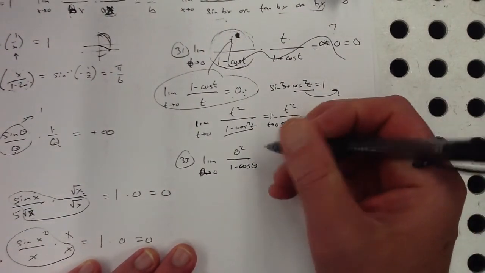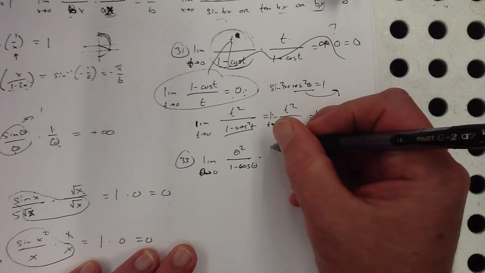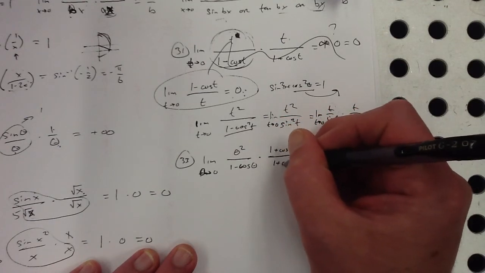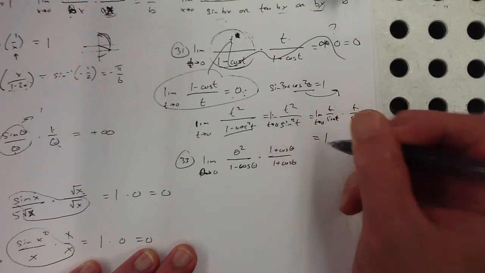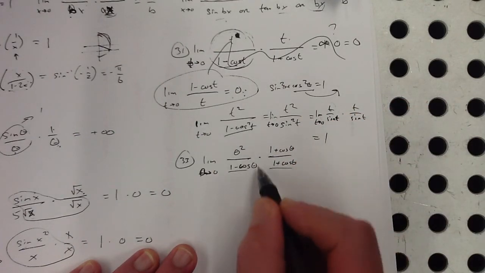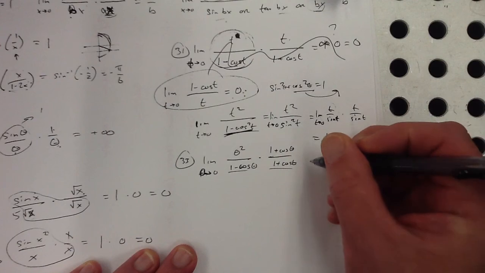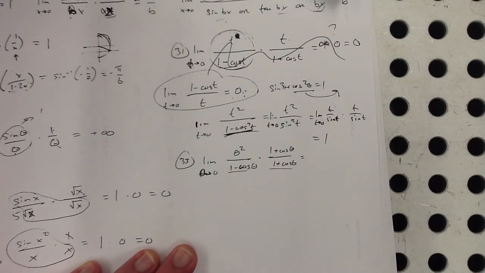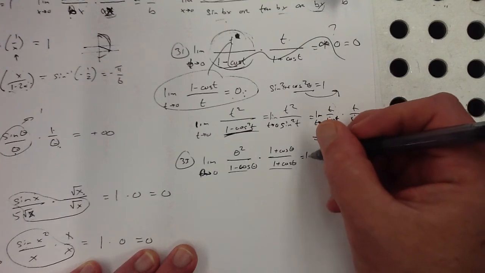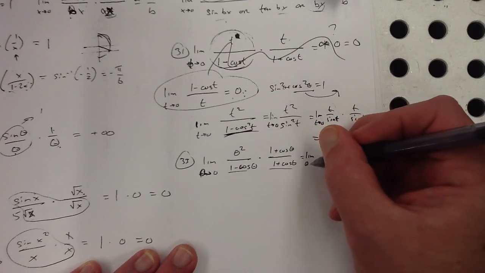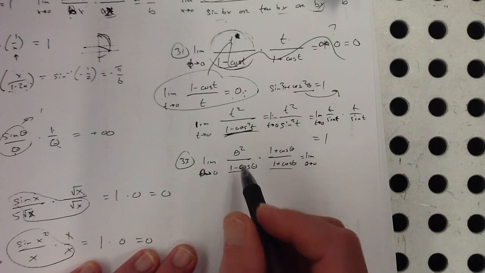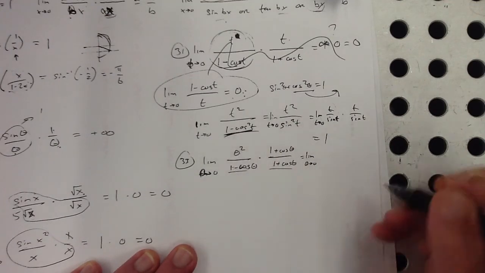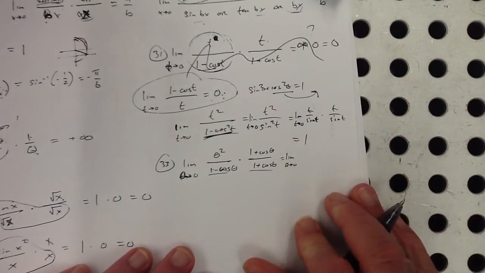inspired by this. So what if I multiplied the top and bottom by 1 plus cosine theta? Because that will turn into this, and then it could be possibly in good shape from there. So then, let's see, I would like to keep that theta squared with these, because then I'll end up with the same situation as number 31.